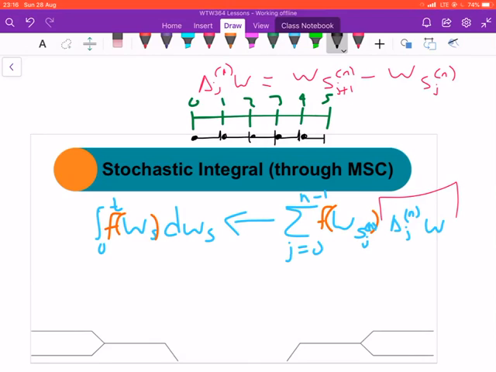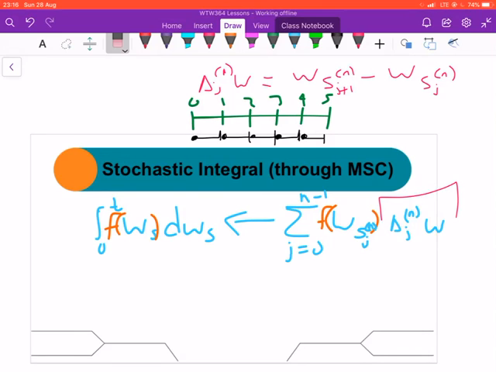So this is what happens, but then we cannot use the right hand side, we need to use the left hand side, because in theory you cannot look at the future to make conclusions about the integral. So you should always use the present to look at the future. Hence we start at j, not j plus 1. So we need to start from j and then go towards j plus 1.